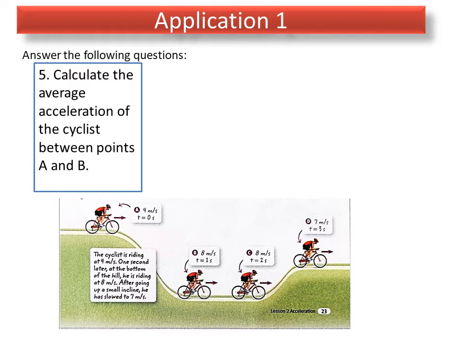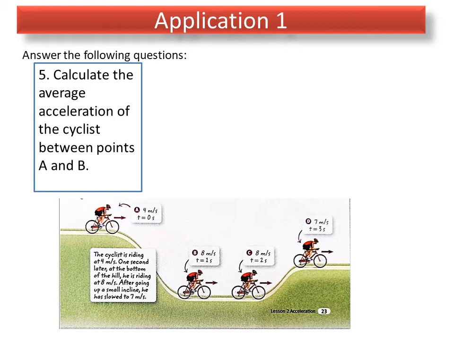What is V1? At B, write V2. What is the velocity? The time was 0 seconds, it became 1 second. It means that it took 1 second in order to cover the distance. And we are asked to find the acceleration.